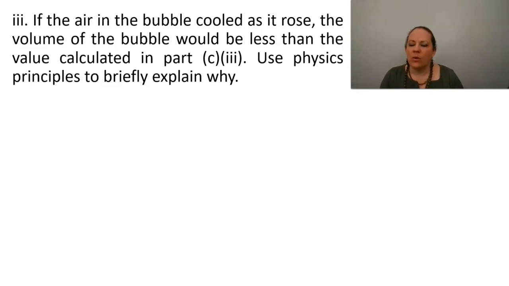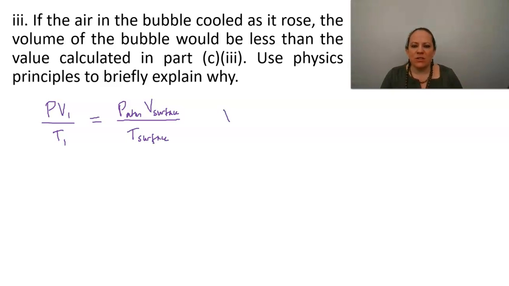So we are going to need that pressure at 4.5 meters times V1 divided by, we'll just call it T1 at 4.5 meters. And then that will be equal to the atmospheric pressure times the volume at the surface, divided by our temperature at the surface.